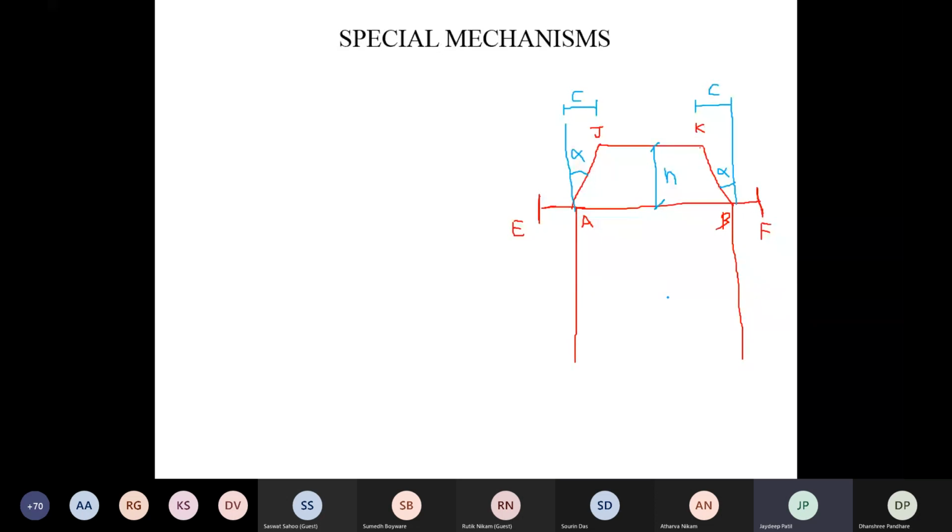When the vehicle is moving on a straight path, the links JA and KB are at an angle alpha with the vertical.